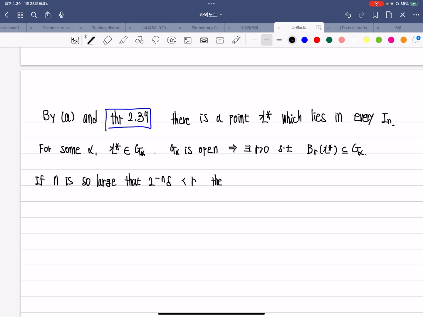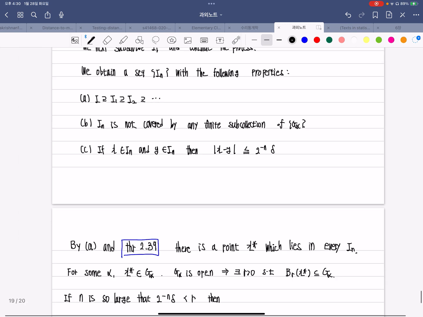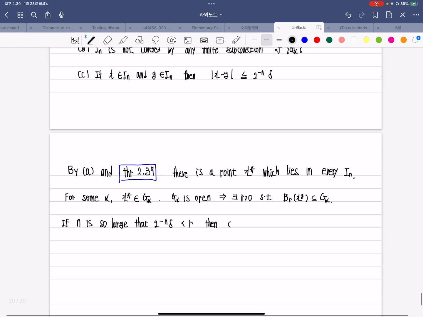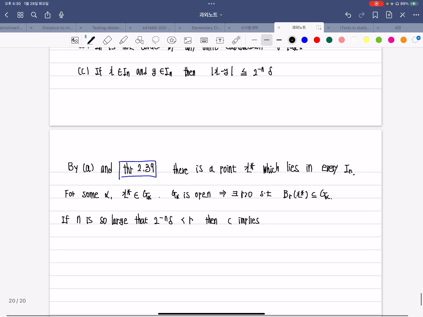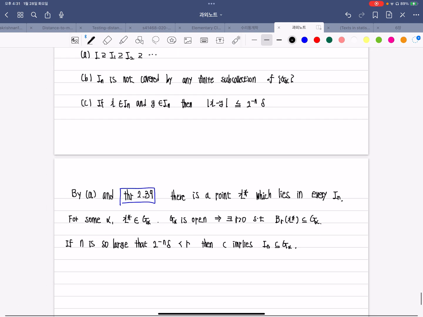And C implies I_n is contained in G alpha. But this is a contradiction. Why?